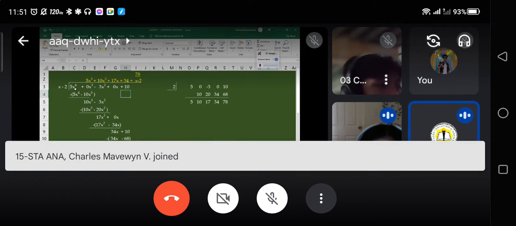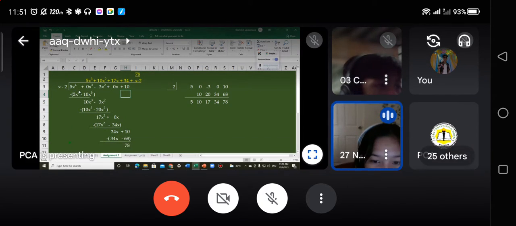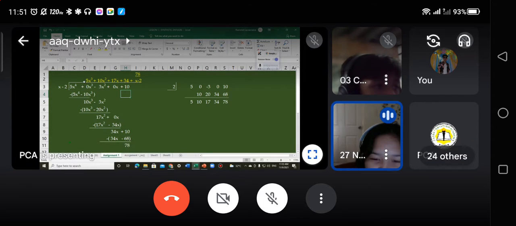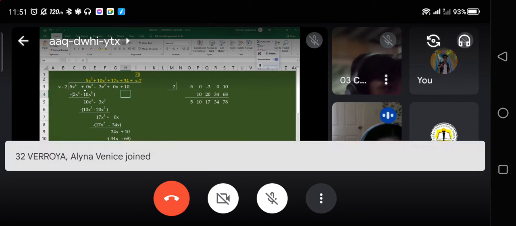And then yung para makuha po yun, ita-times mo po yung x at saka yung 5x cube, so magiging 5x raised to 4. And then next po, yung -2, imo-multiply mo po sa 5x cube at magiging -10x cube po yung sagot niya.